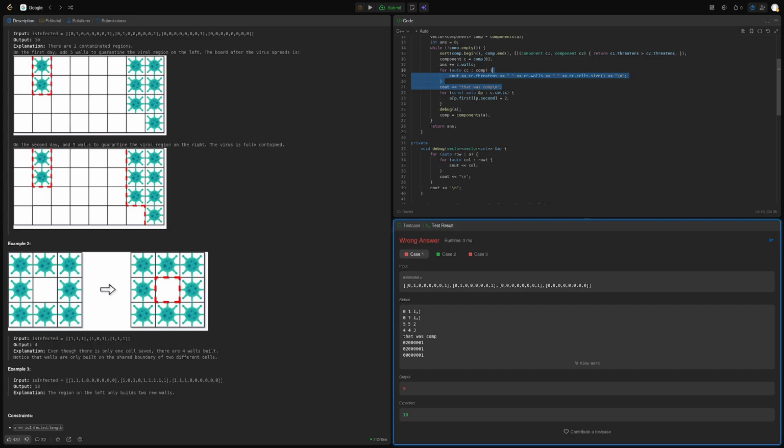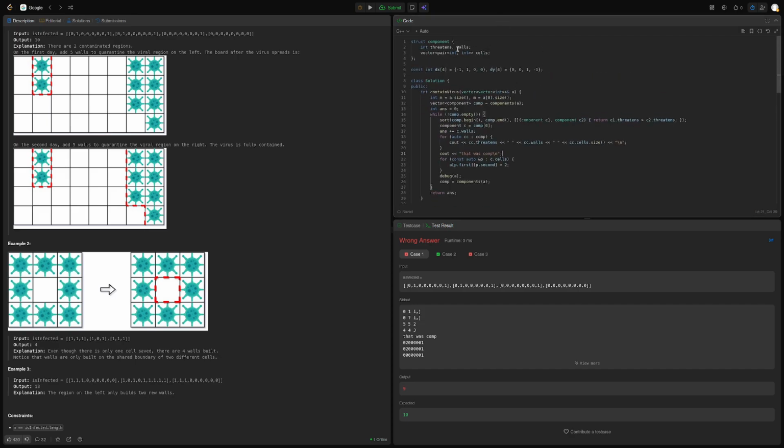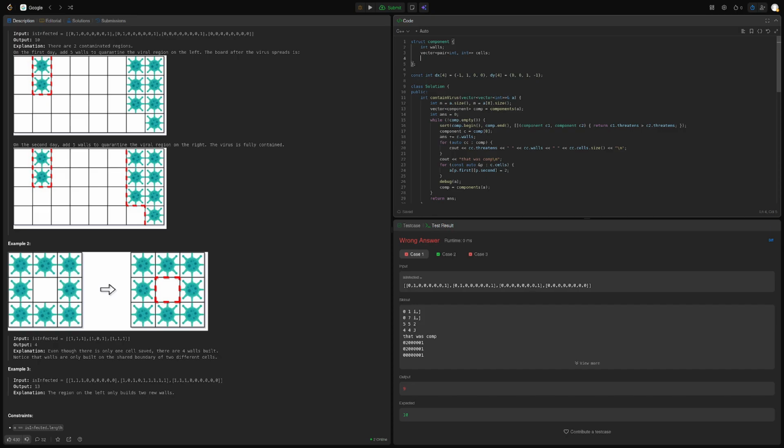It should work. It just produces the wrong answer, but oh, because they have to spread. Okay, so threatens actually needs to be threatens. So let's use the size of this. Look at the size of this thing.